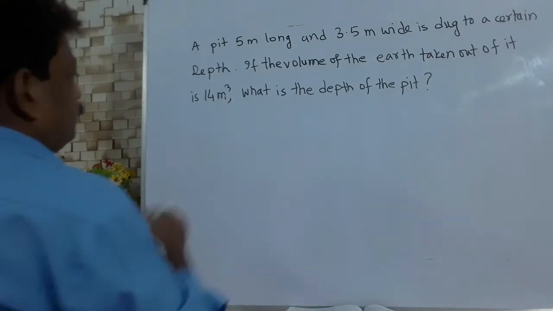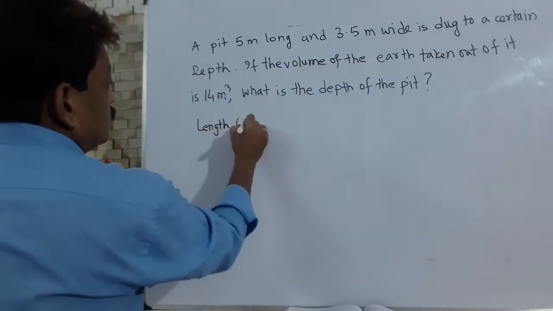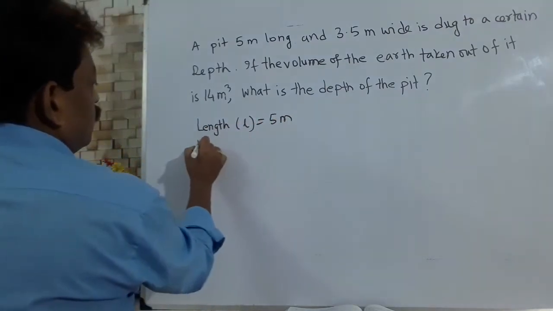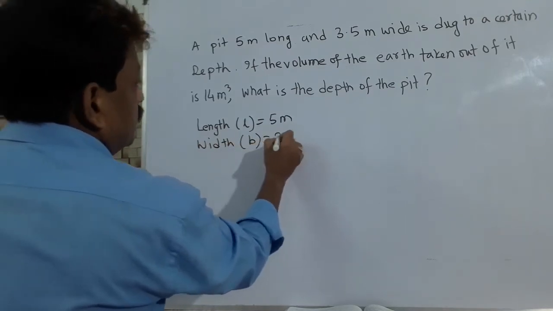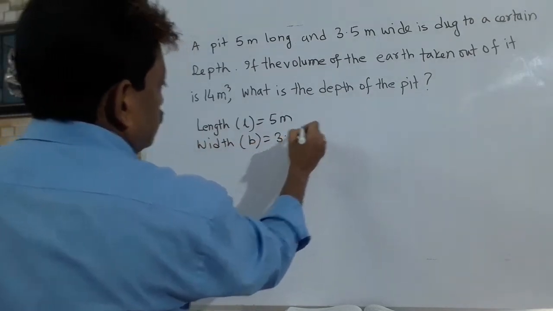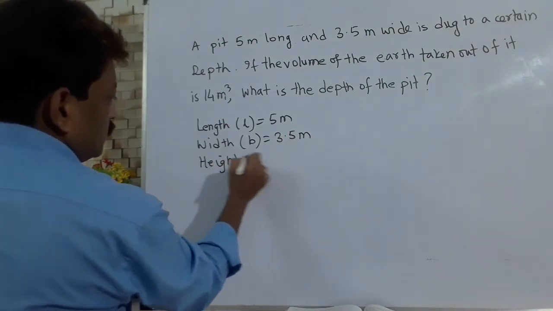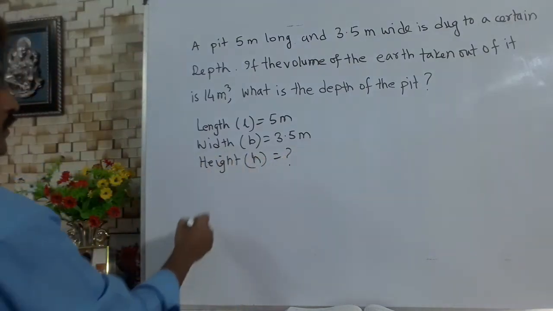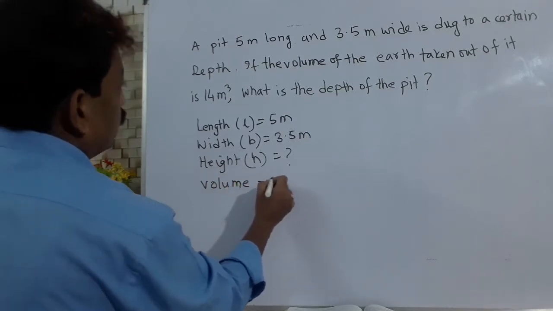Now see, length is given, 5 meter, width is given, 3.5 meter, and height is not known. We have to find this height. Volume is given, 14 meter cube.